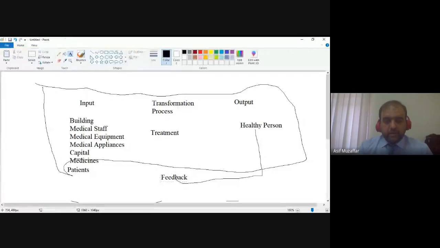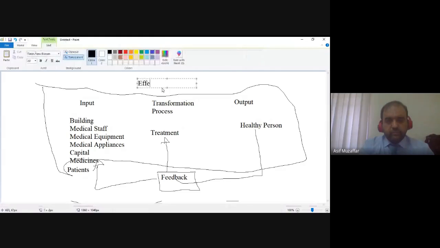Feedback or control, whatever you want to say. And this can affect my transformation process. It can also affect my input. It can be for anything. Okay, so what is effectiveness here?